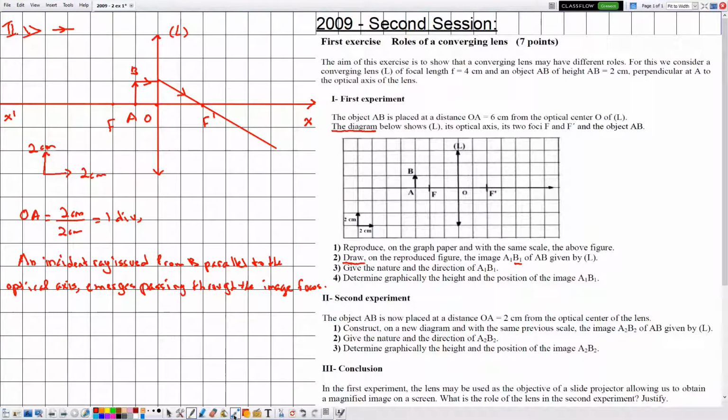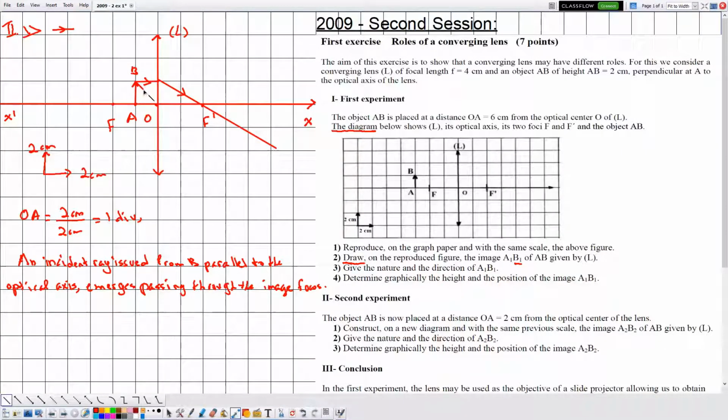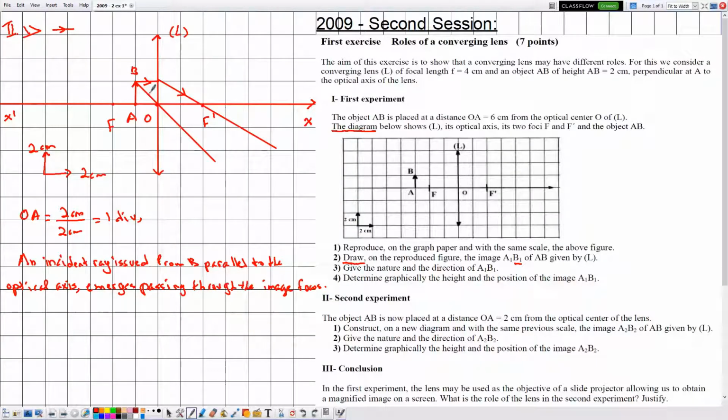And the second ray that we'll consider is passing through the optical center. We know that it will emerge without deviation. So now let's do the justification of this ray.